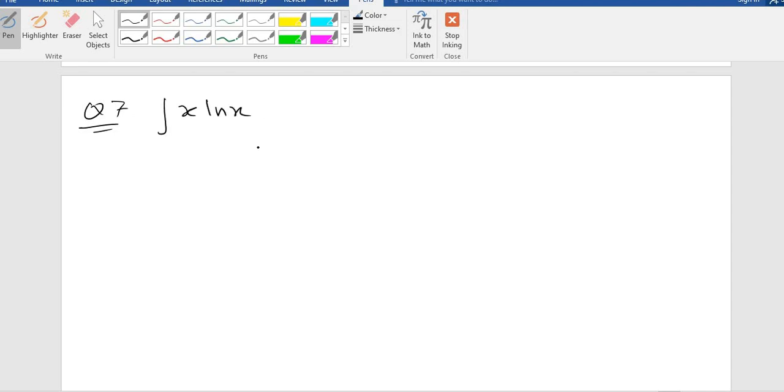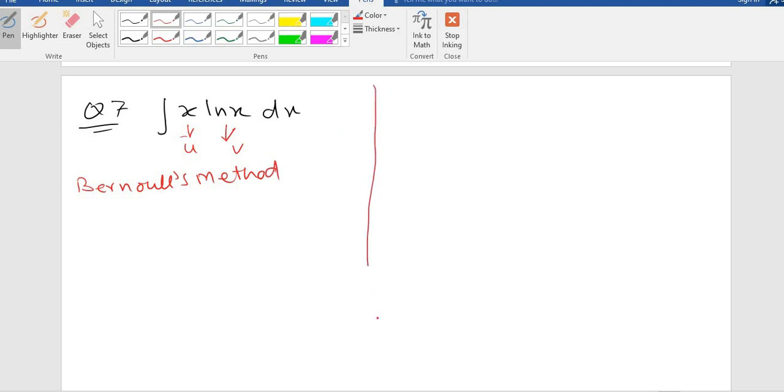Integral of x ln of x dx. So what you have to do? If you want to use Bernoulli's, then you have to use u and v. But first method is Bernoulli's method. U means x, nothing you have to do.